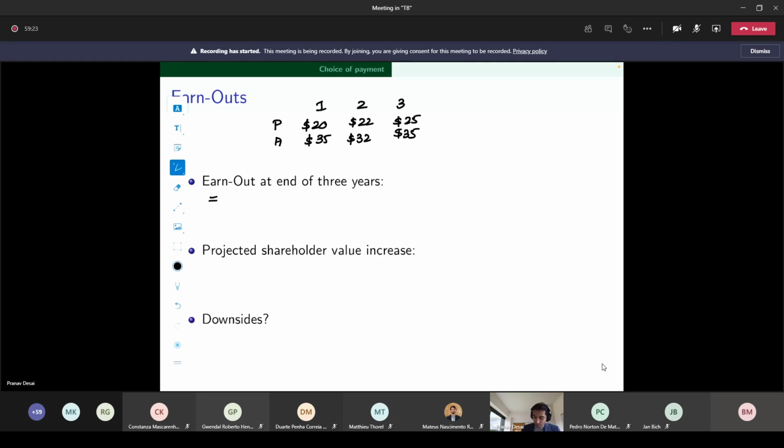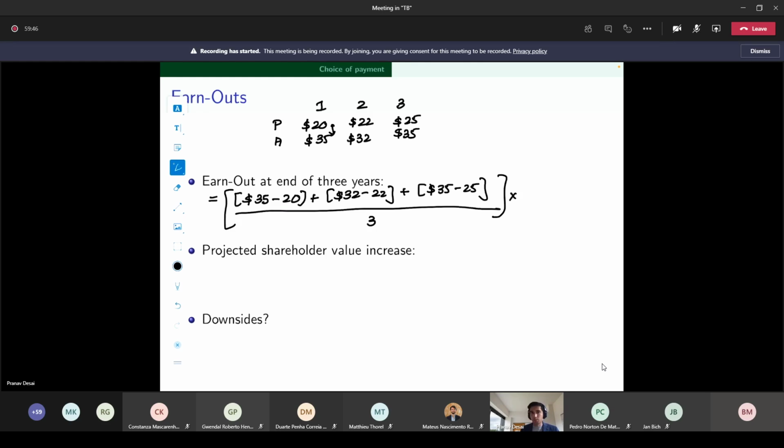And in this case, the excess for the first year would be 35 minus 20, plus 32 minus 22, plus 35 minus 25, divided by 3. That's the average per year, multiplied by 4, and that value works out to 46.67 million. Now this is less than $100 million.